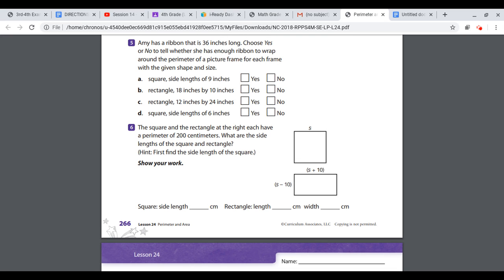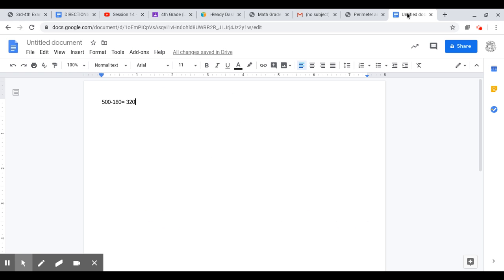So since all 4 sides of the square are equal, you're going to divide 200 by 4. Okay? 200 divided by 4, figure that out. And then you're going to plug in that answer here to find the length and the width of this rectangle. And then you can work from there. So that one's a little bit challenging as well, but I know you can do it.